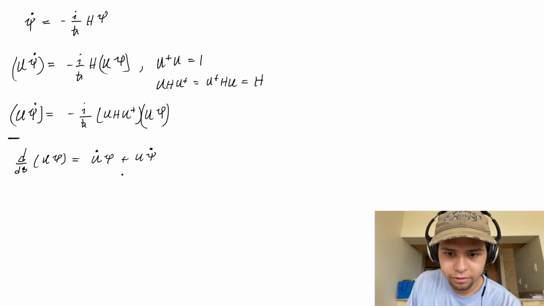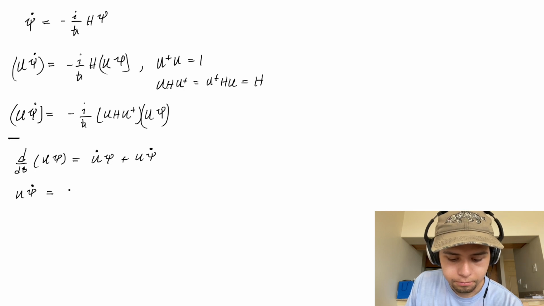So we can rearrange this equation. I want this here to be on this side of the equation. So U time derivative is equal to, so we're just moving this over here.